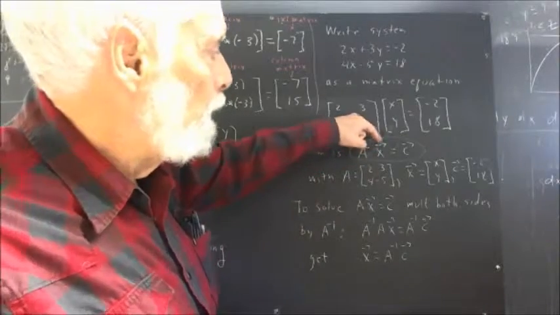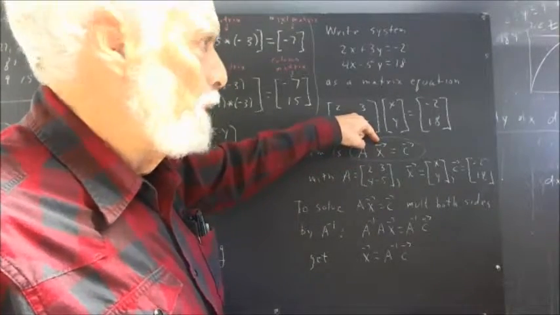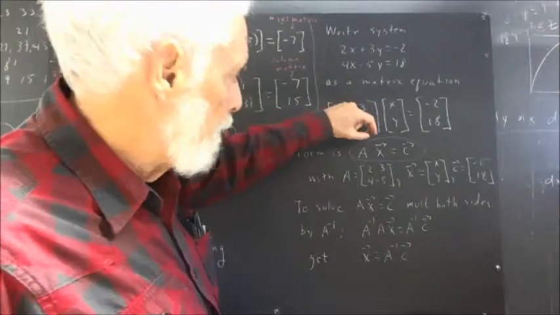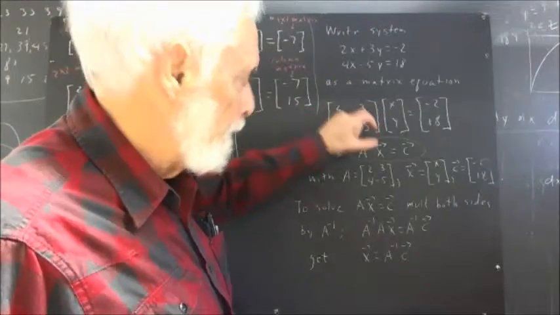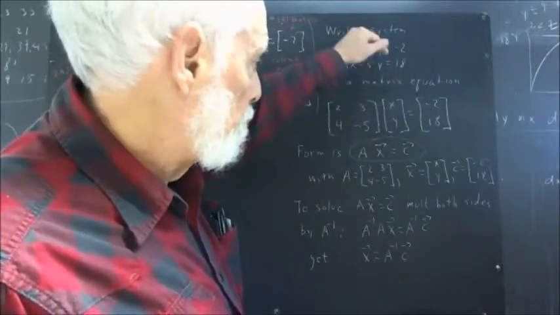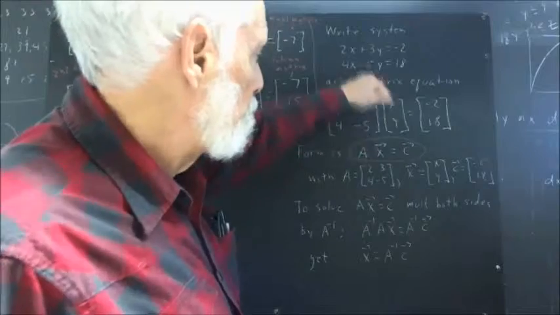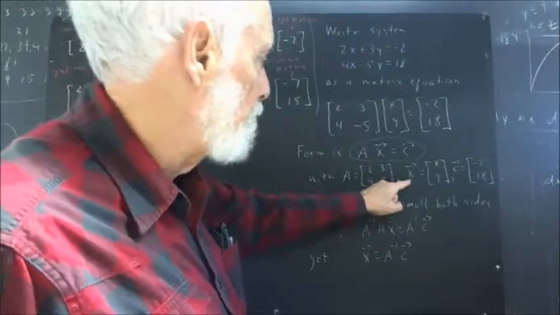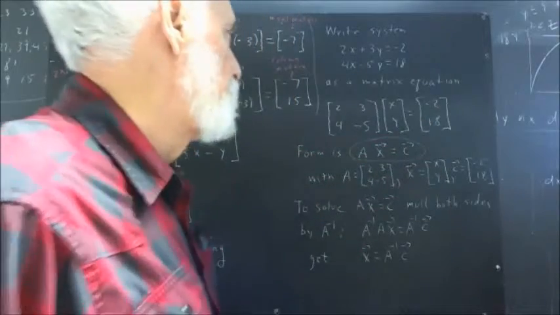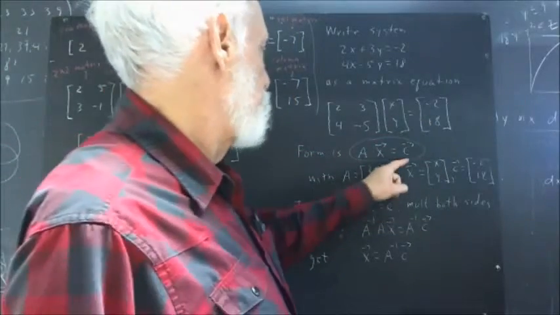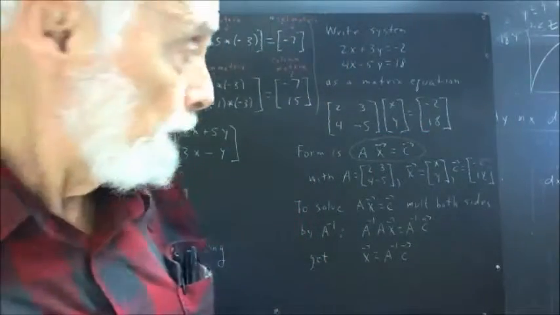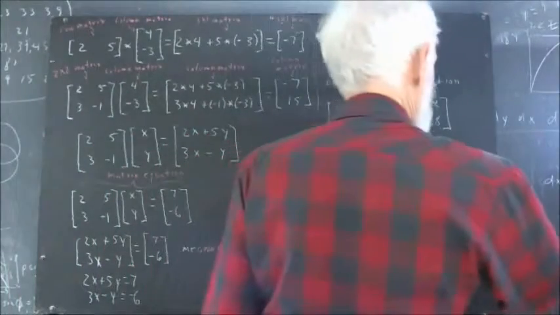When you put an arrow over a symbol, you're usually expressing the fact that this thing is a vector. I said before that x, y could be a column matrix or a column vector. So the X vector here is equal to the column vector x, y. And your C vector is the column vector negative 2, 18, which has been kind of smudged. Let's fix that.